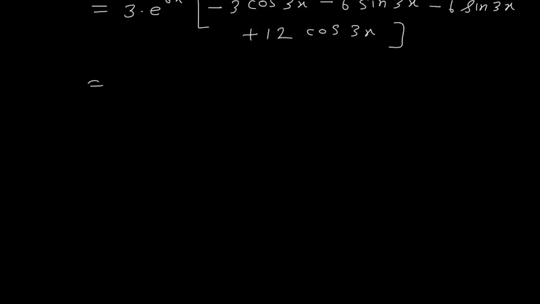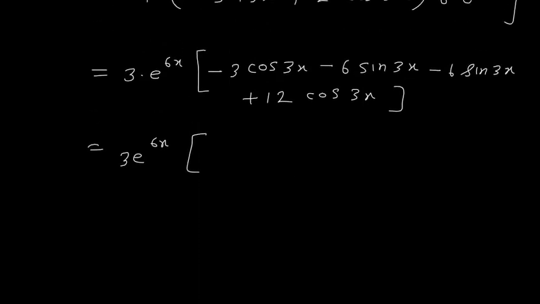So this is 3 into e power 6x. We have 3 into e power 6x multiplied by inside the bracket. Now this 3 cos 3x and this 12 cos 3x, so I get 9 cos 3x, and then minus 6 into 2 is minus 12 sin 3x.